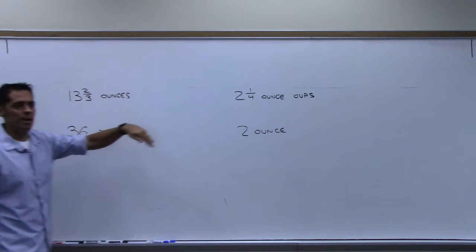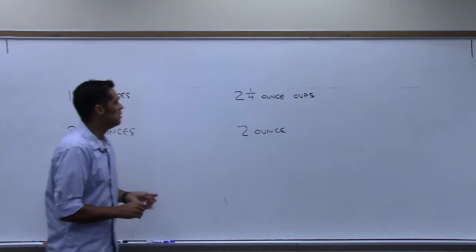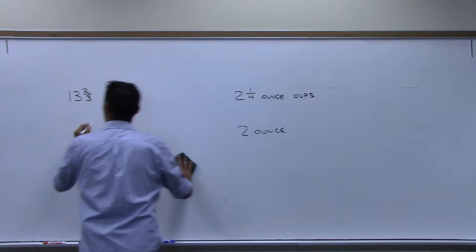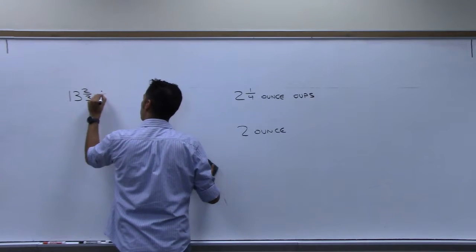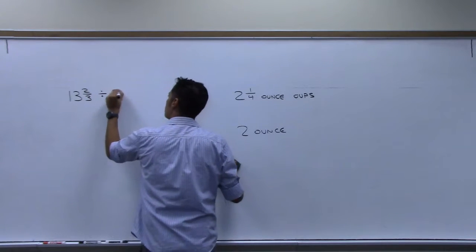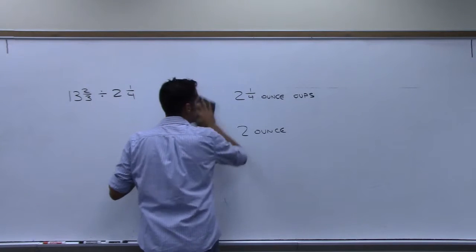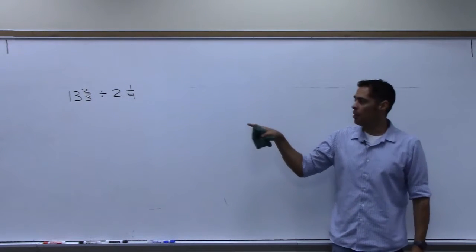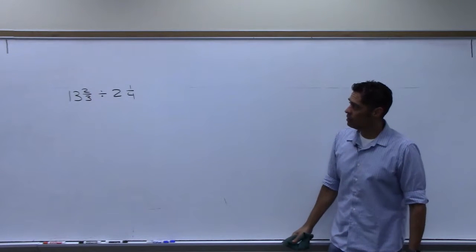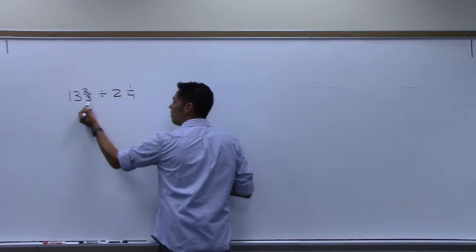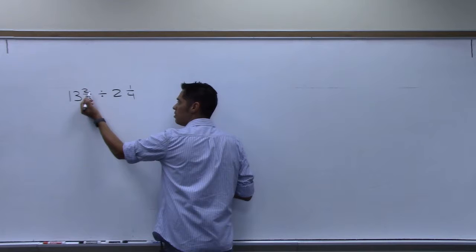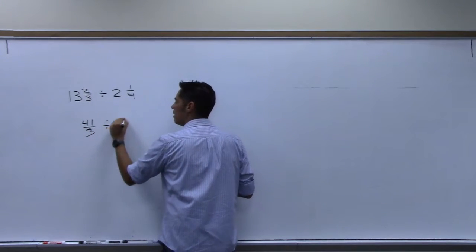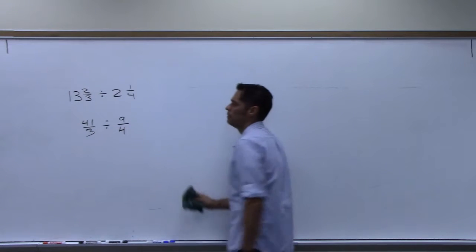So I'm going to take this and divide this by this. I'm going to write that down. 13 2/3 divided by 2 1/4. And I'm going to have to convert both of those over to improper fractions first. So 13 times 3 is 39, plus 2 is 41, over 3 divided by 9/4.